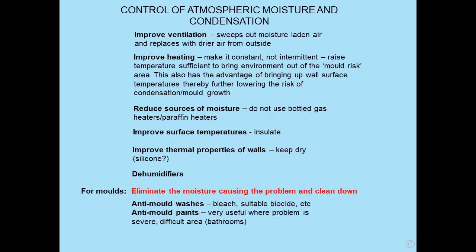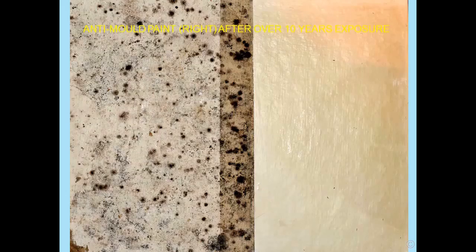Anti-mould washes, pretty good. Bleach, suitable biocide. Anti-mould paints, they're also very useful where the problem is severe or you've got very difficult areas such as bathrooms. And that is an anti-mould paint after over 10 years of exposure compared with the non-painted equivalent.